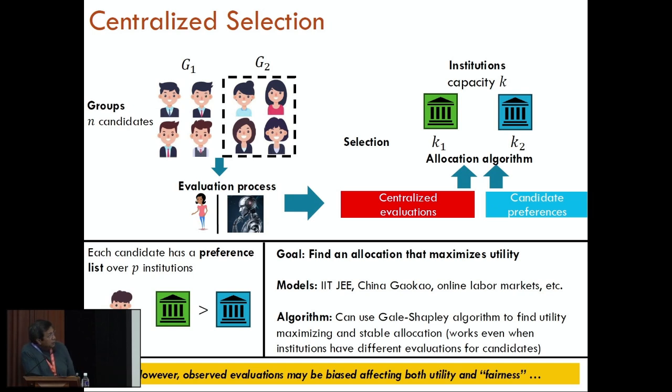So there are multiple institutions. These institutions have capacities. Without capacities, this problem would not be interesting. And at the same time, the candidates, especially those who are selected, have preferences over the institutions. The goal is to find an assignment here which maximizes utility.